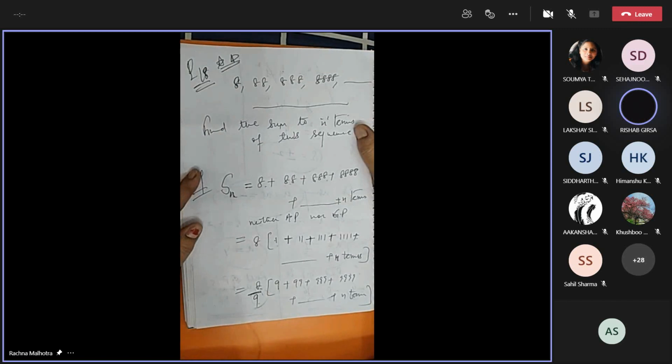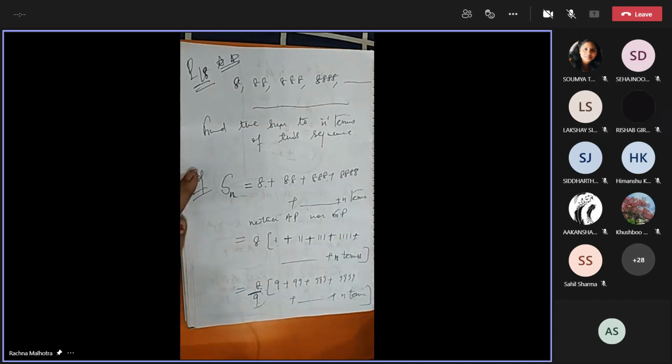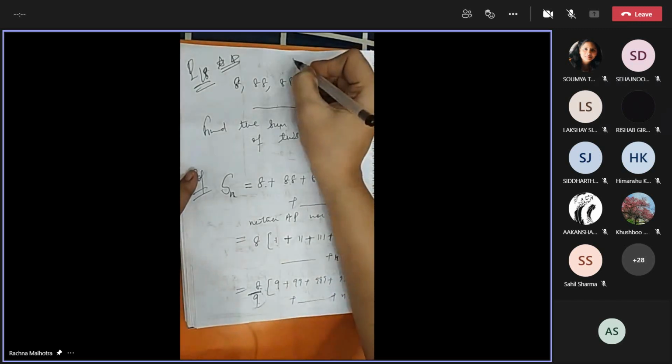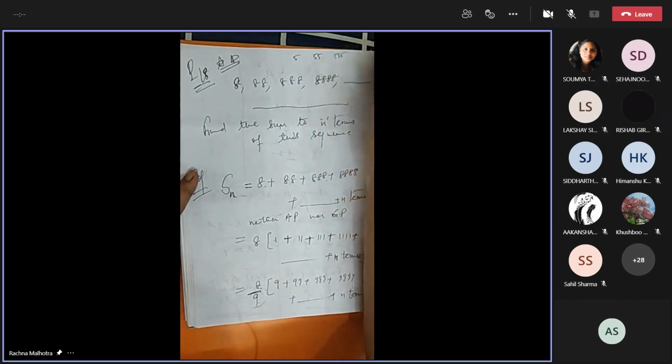Understood or not? But I repeat, someone asked, ma'am, why have we selected 9? Can't we multiply it with any other number? Suppose I am multiplying it by 5, 555, and so on.